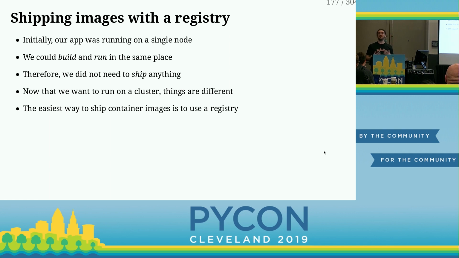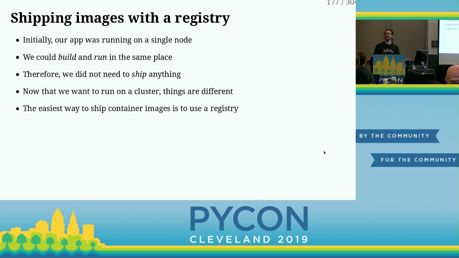We didn't need to ship anything because we built and ran on the same machine. So it's like ship to the same place. But now we have multiple nodes, so we need to ship things around. We need to have the same images on all the nodes of the cluster, so we need to ship these images, and the easiest way is to use a container registry.